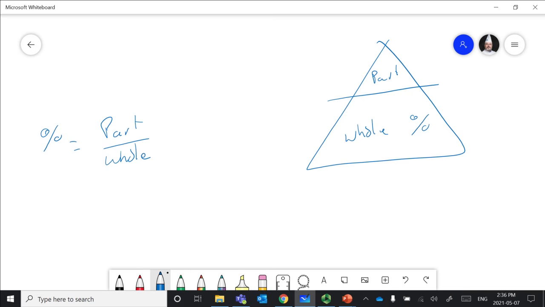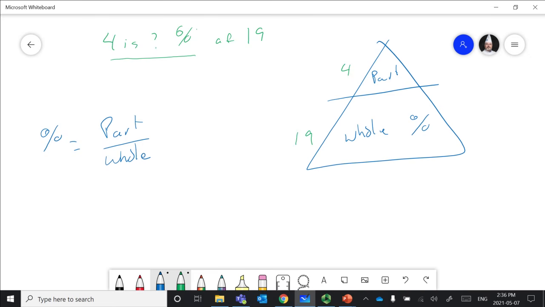And we had an example of 4 is what part of 19? So we need to decide, is the 4 a part or is it the whole? Well, it says 4 is what percentage, right? So 4 is going to be our part and the whole is going to be our 19.